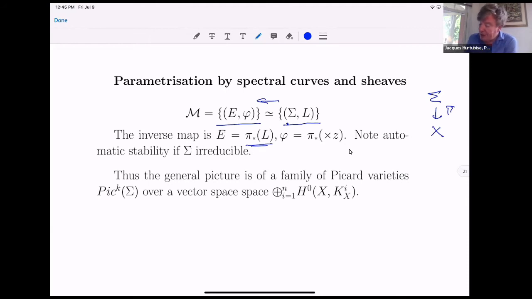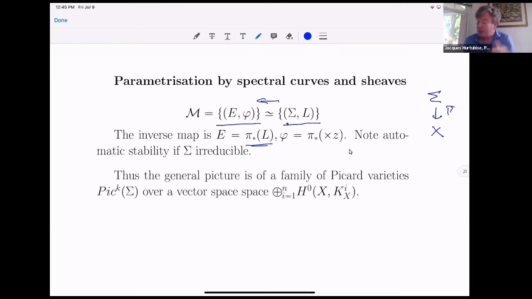Another nice feature is if the spectral curve is irreducible, then the stability comes for free. The point being that if you want a destabilizing object, you will need some phi invariant subbundle, and so you'll need a subspectral curve.